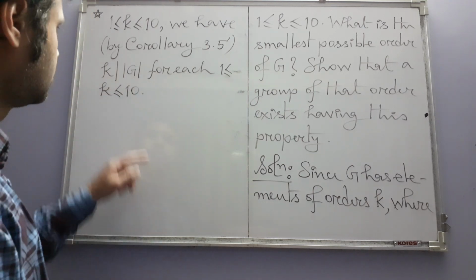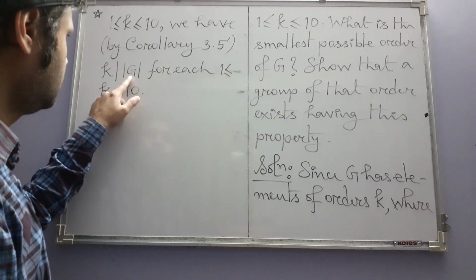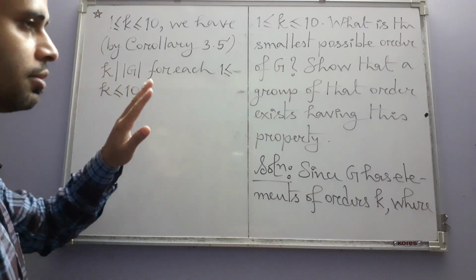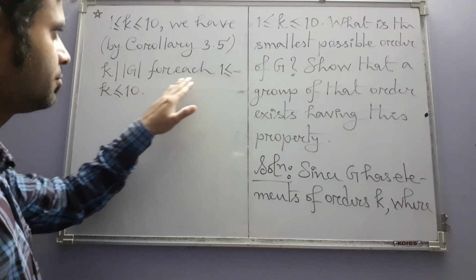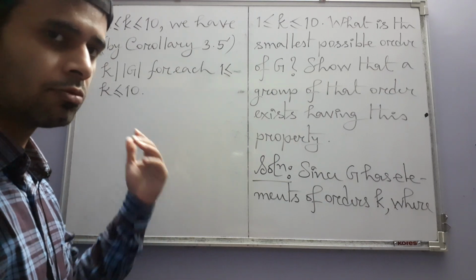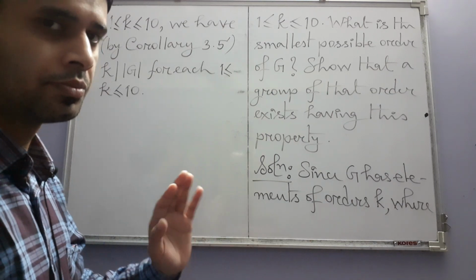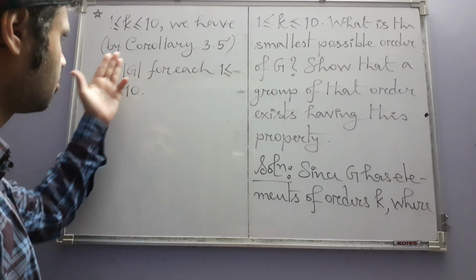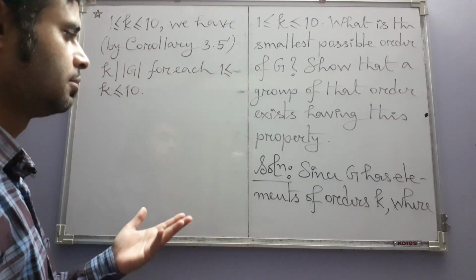In other words, not G, but the order of G is a common multiple of all these integers from 1 through 10. So with that condition, what is the smallest possible order?